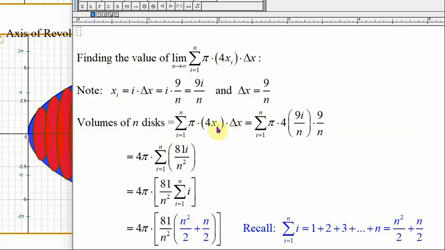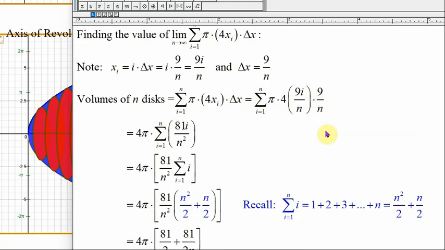But x sub i is 9i over n, where n is the number of subintervals or the number of slices, and delta x is 9 over n. And so we get 4 pi, and then this would be 81 i over n squared.